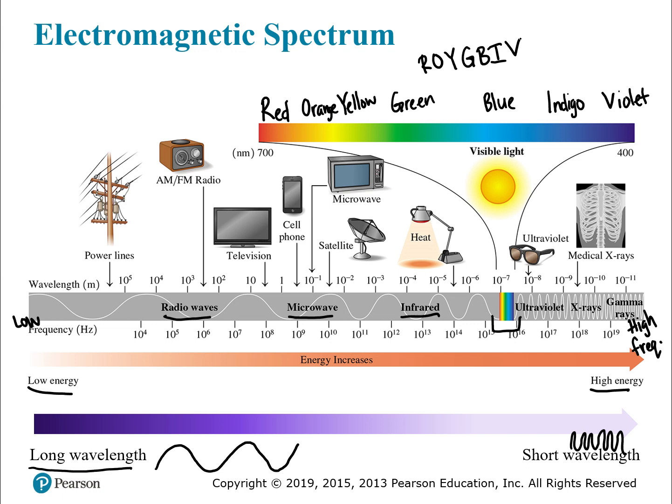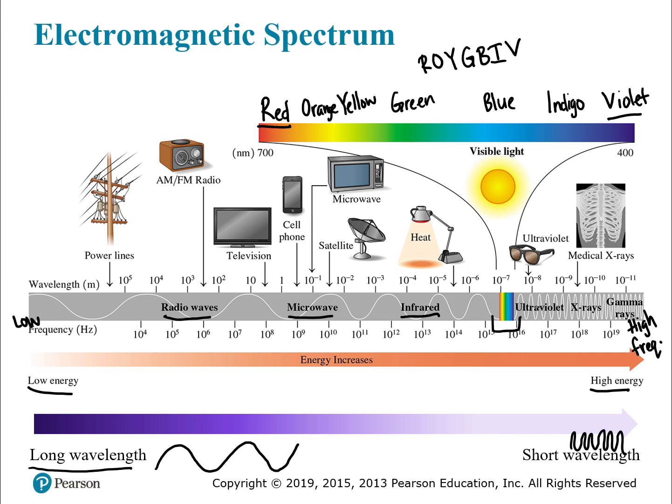When I learned it, I learned Roy G. Biv, and that helps you keep the order straight for the rainbow. So that's the visible light section. And we're still going from longest wavelength to shortest wavelength in here. So red light has the longest wavelength out of visible light, and violet light is the shortest.